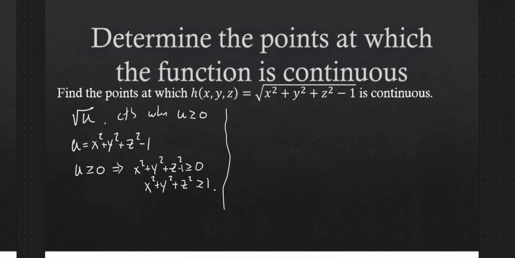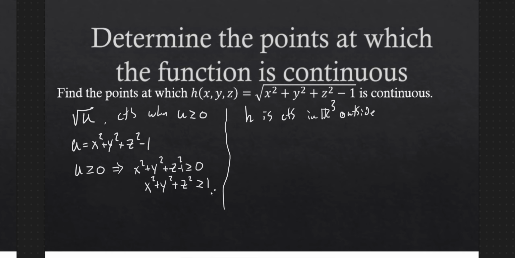And so where is my function continuous? H is continuous in R3 outside. So here I have x squared plus y squared plus z squared greater than or equal to 1. If it were equal to 1, that would be a sphere of radius 1, but it's not equal to 1, it's greater than or equal to 1.